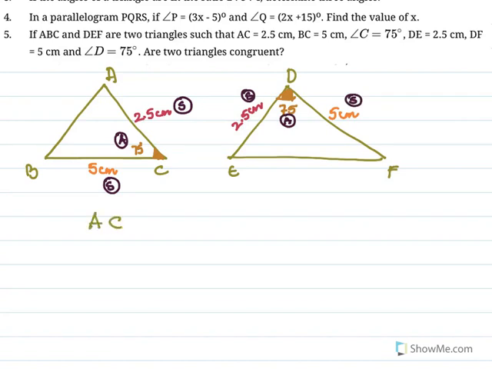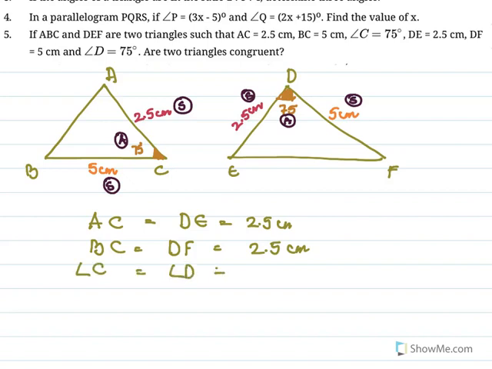So we write AC equal to DE equal to 2.5. Then the next we have BC equal to DF equal to 5 centimeter, and angle C equal to angle D equal to 75 degrees.